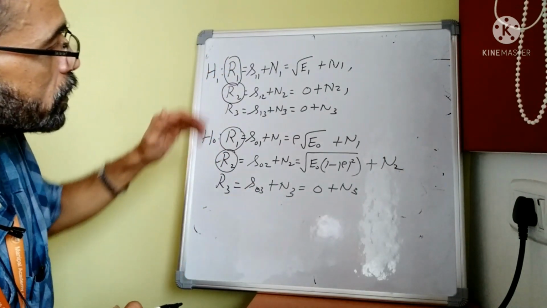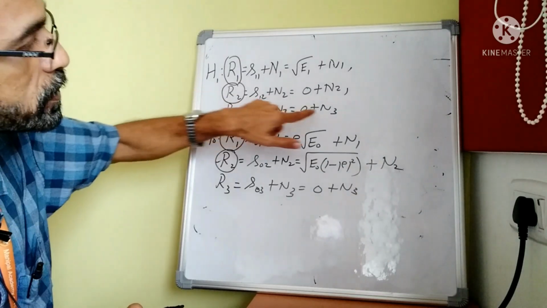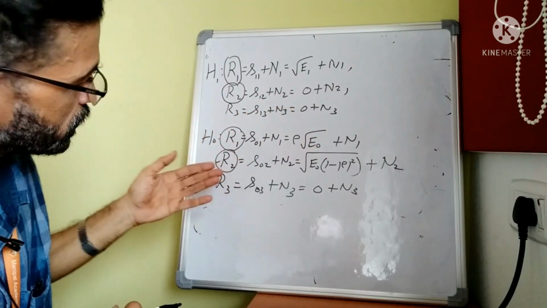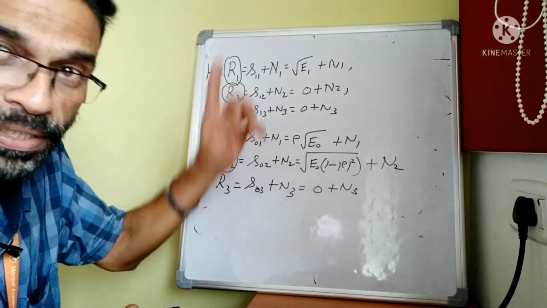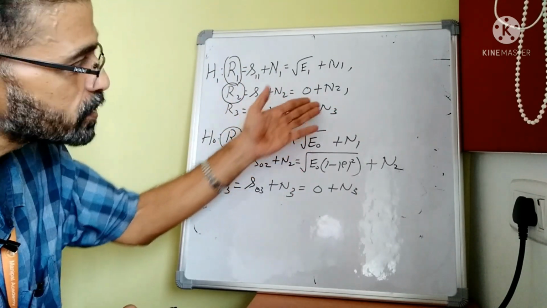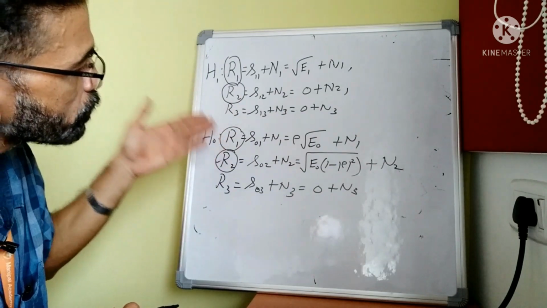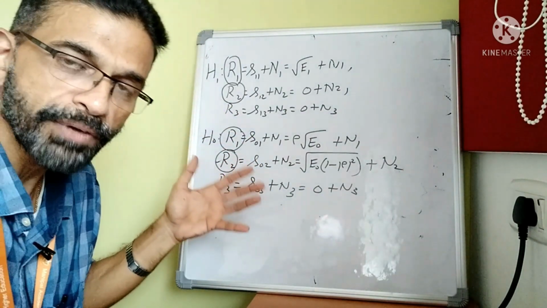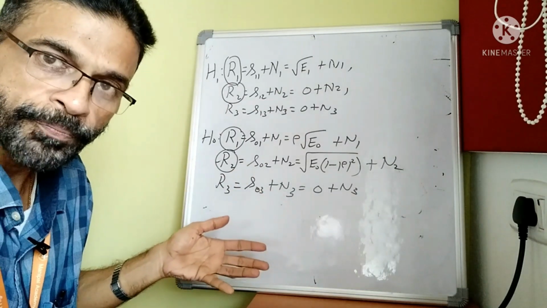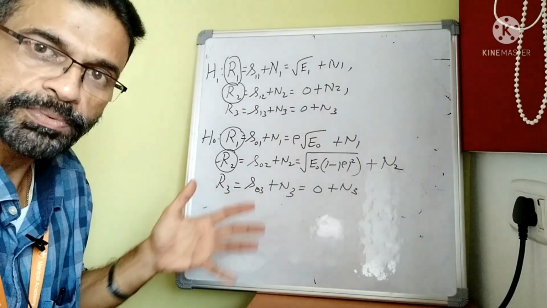If you have R3, you just get the noise term N3. So there is nothing in this which is related to the hypothesis. It is just the noise which you get. R3, R4, R5 onwards, even if you have that entire set with you, the infinite values with you, it is of no use, because they don't distinguish between the hypotheses.